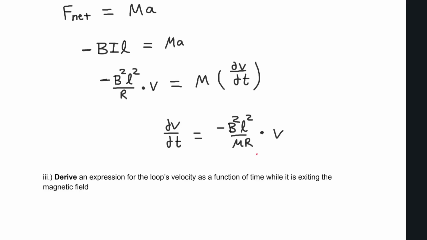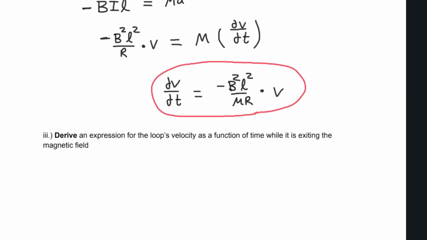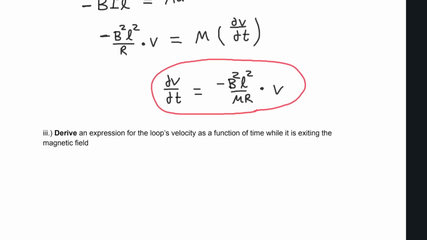And this is actually not a terrible differential equation to solve. You could actually do the solution by inspection, but we'll go through the actual specifics here. So derive an expression for the loop's velocity as a function of time, meaning solve this differential equation.